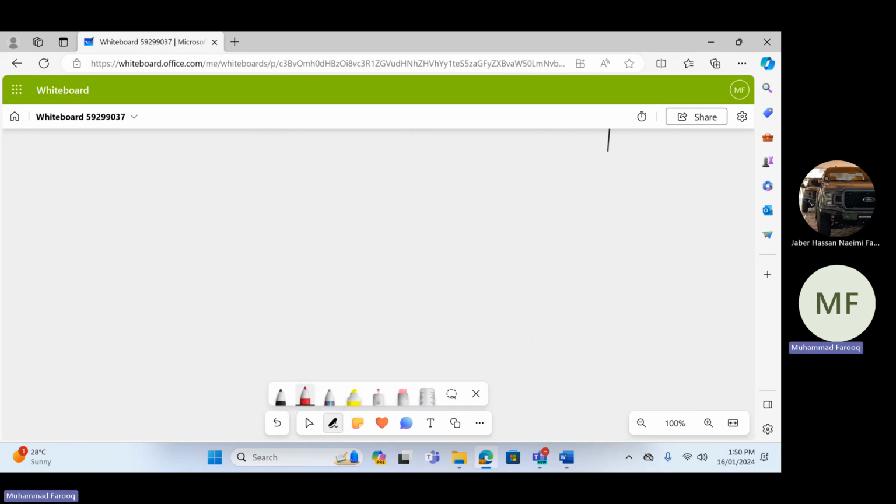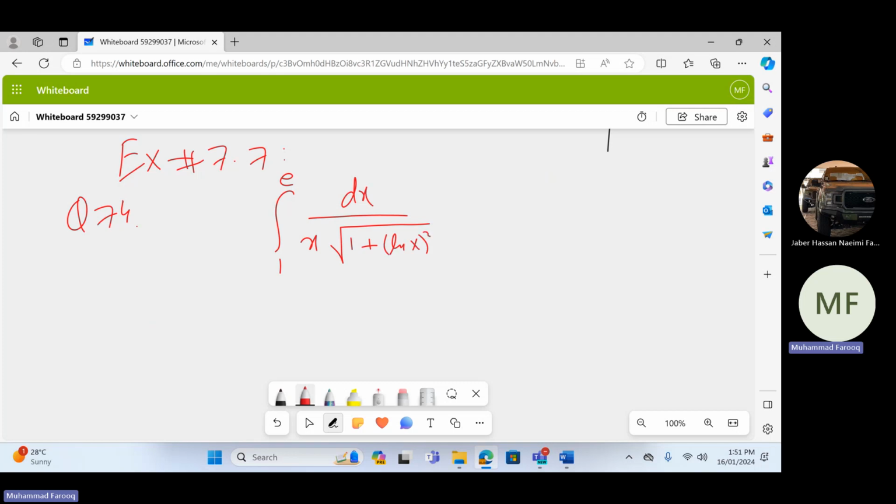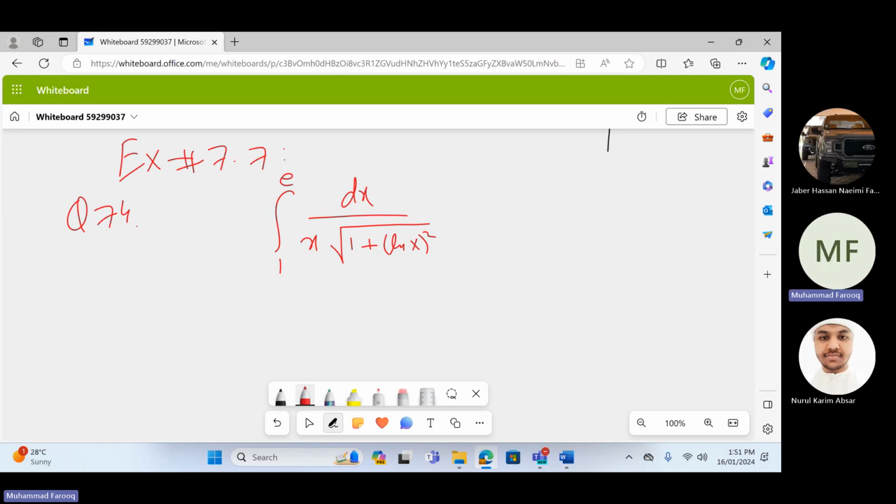Exercise number 7.7, number 74, we are talking about now. Integrate from 1 to e, dx, and then we have x times the square root of 1 plus (ln x) squared. So first of all, it's better to take substitution, please.